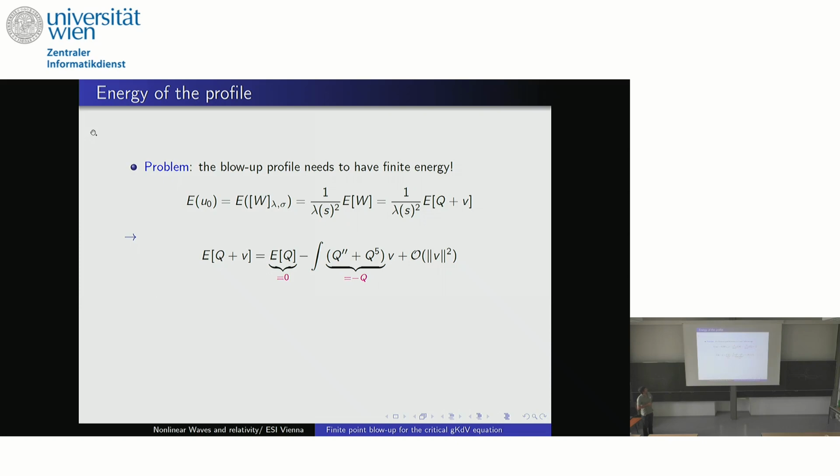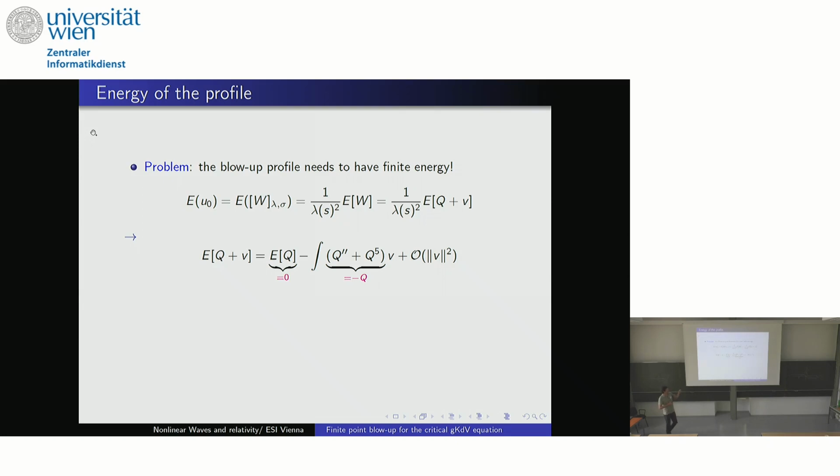And so let me try to convince you why it was important to do this, why we could see new blow-up rates with this construction. You have to look at the energy. And this is connected to the question of Daniel. When you look at the energy, this is rescaled. So if you come back in the y variable, you have to divide by 1 over lambda square. And this lambda can be very small.